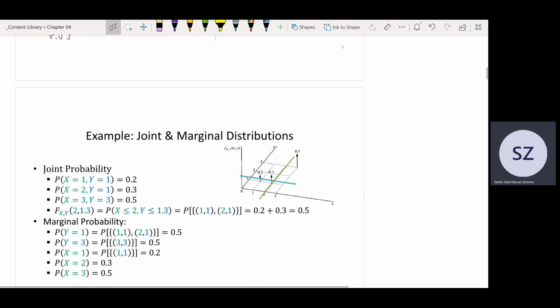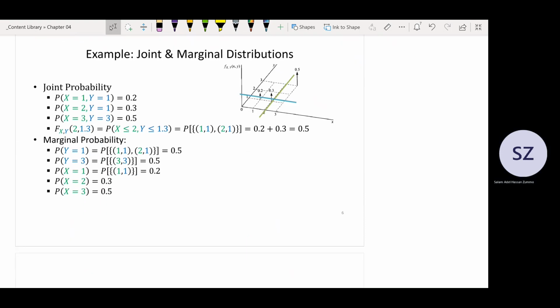Right, let's have an example. Now, we have these two random variables, X and Y, defined as follows. The joint: I haven't told you what the experiment is, or the outcome, or the sample space, or the set of outcomes.